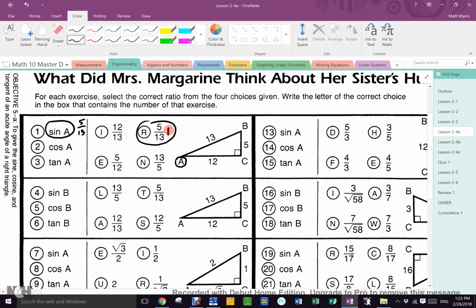Okay? Cos A is adjacent over hypotenuse. What's that? 12 over 13. Do either of those fractions simplify? No, so we leave them alone. What if they were to be able to simplify? What would we do?